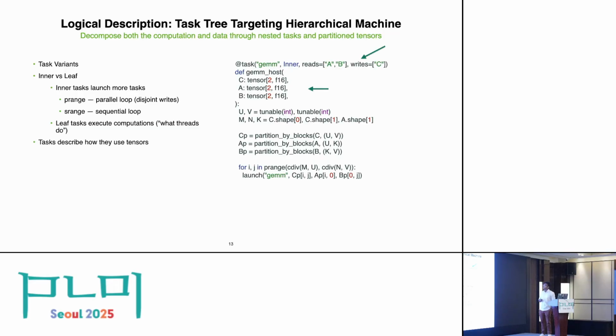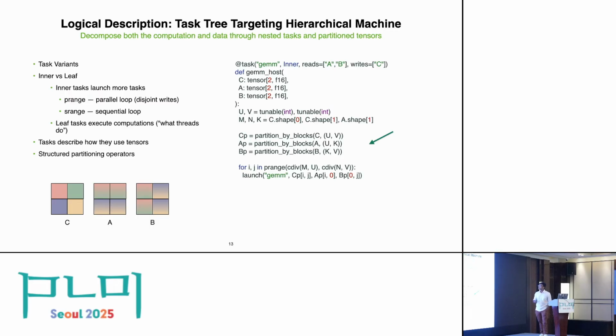When we talk about data, every task is going to take in a set of tensors, and then they're going to describe to the compiler how they actually use those tensors. So for this GEMM program, this GEMM is going to read the input tensors A and B, and then write to the output matrix C. Finally, tasks get to partition their data through a series of structured partitioning operators, such as this blocks operator, which is going to break up tensors into tiles of the given shape.